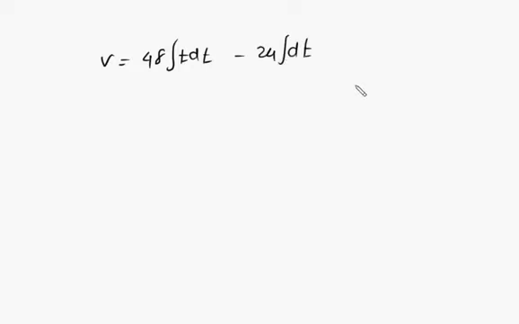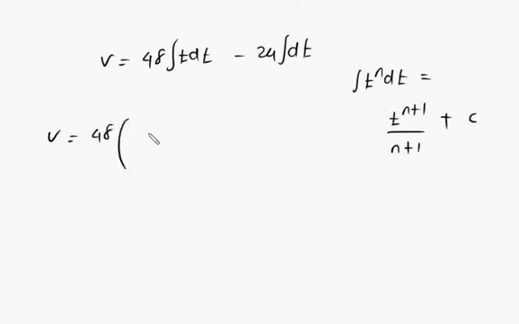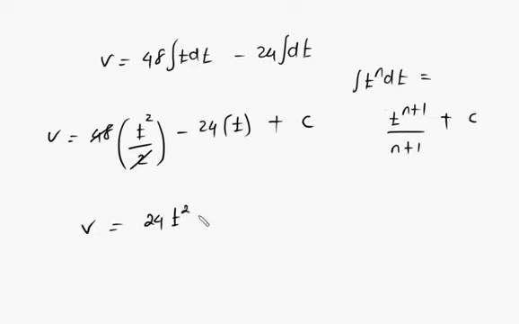So t power n dt, when you integrate, what do we get? t power n plus 1 over n plus 1. I have just changed the variable, after x it has become t. So here it will be 48, t power 1 plus 1 is t squared, 1 plus 1 is 2, minus 24t plus our constant. So this and this goes.